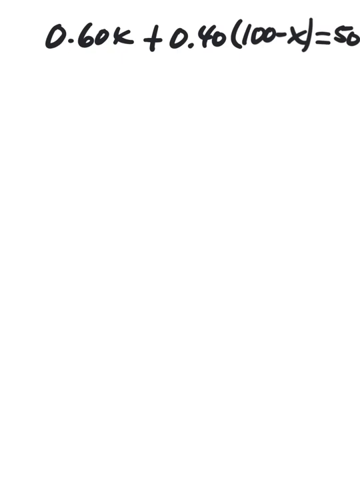If you happen to see a set of parentheses show up in your problem, then you can use what's called the distributive property to remove them. Now, the distributive property, you take whatever is outside your parentheses and you multiply it with each term inside the parentheses.